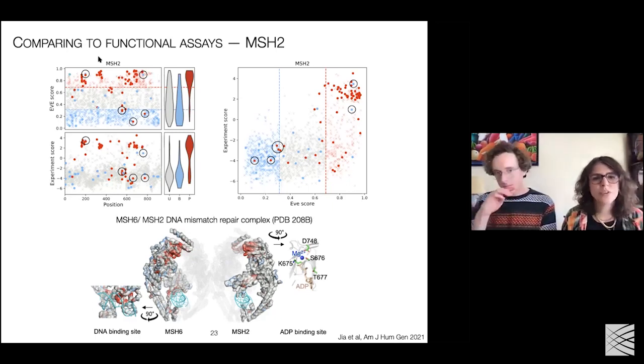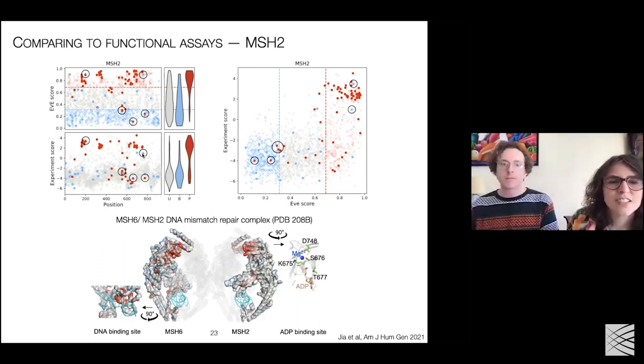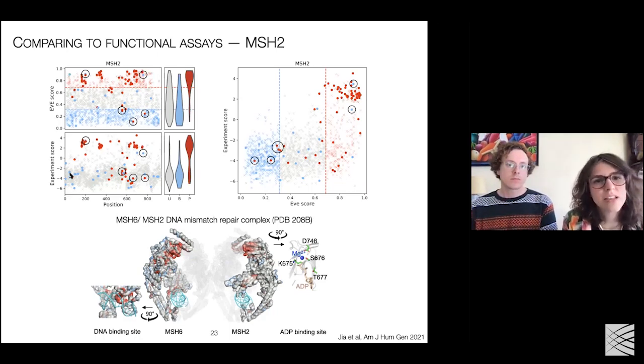It might not be very obvious from this plot, but according to these labels, or using these labels as ground truth, the model slightly outperforms the experiment in terms of AUC.